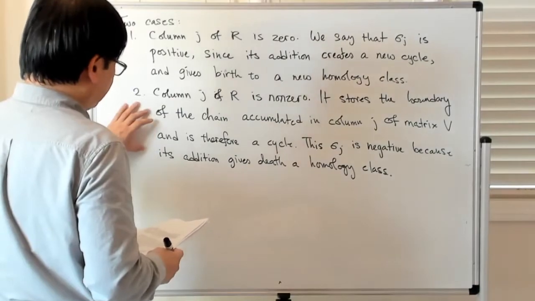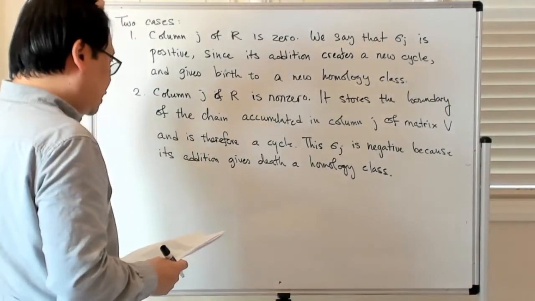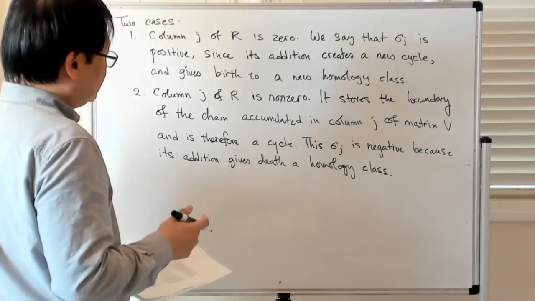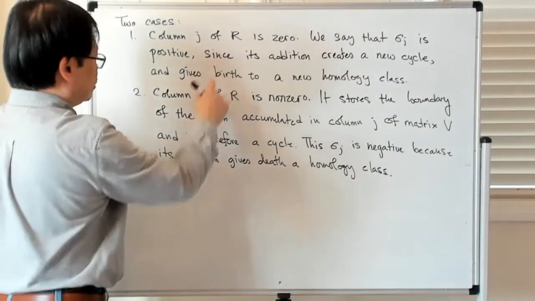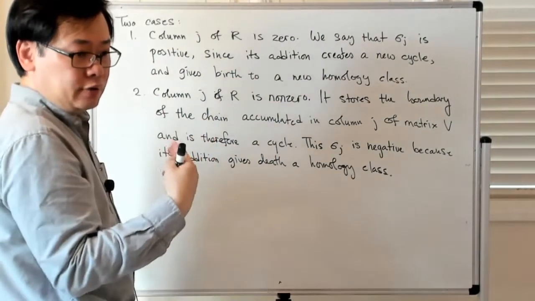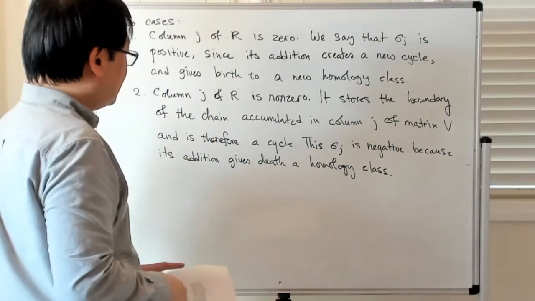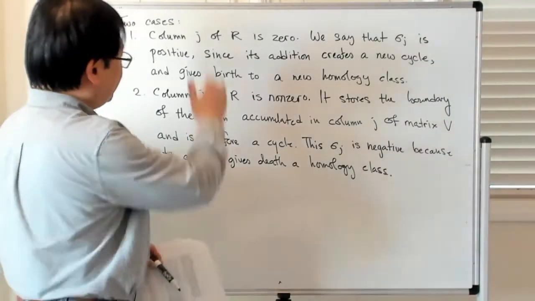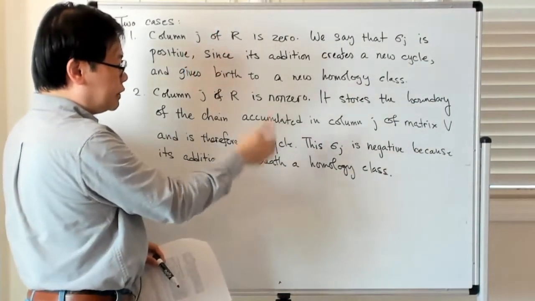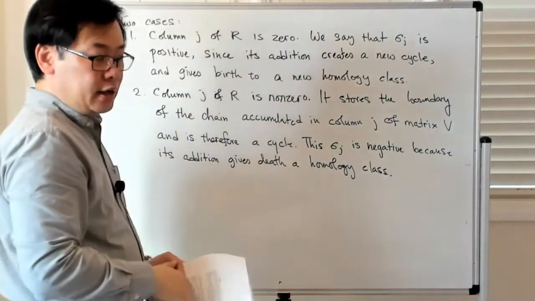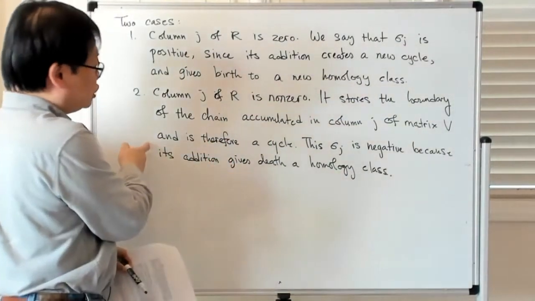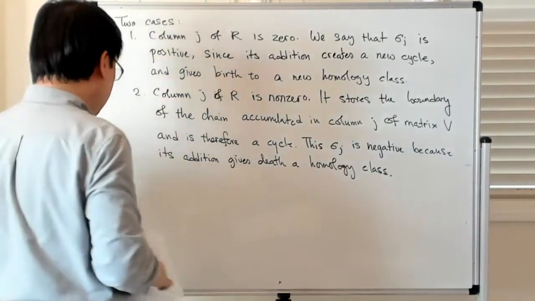So this tells you when a particular cycle dies. But we still haven't talked about the significance of the lowest one. You've already talked about when a cycle gets born and when a cycle dies, so you expect this lowest one to tell you when this cycle which just died was born.